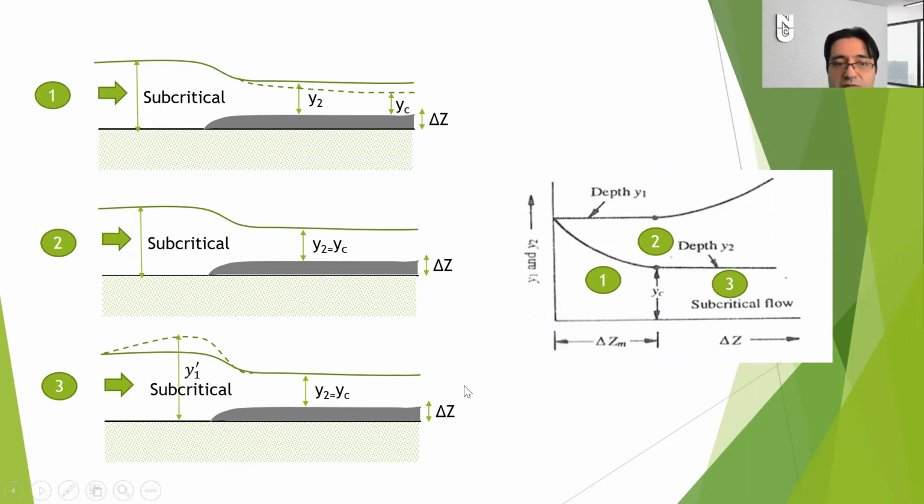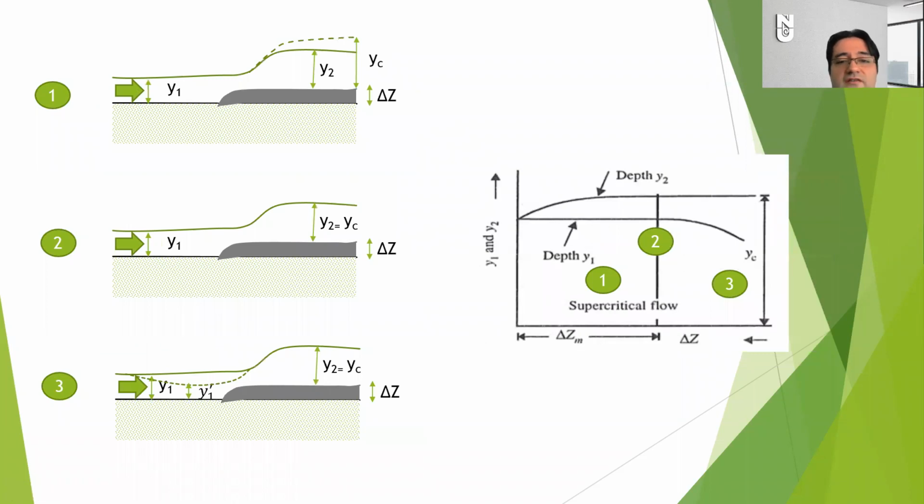Okay, this is the case for subcritical flow, and this is the case for supercritical flow. If we have supercritical flow, we see that this is the energy graph. Actually, these are the depth profiles against the hump height. In the first case, the depth in the upstream flow is constant.